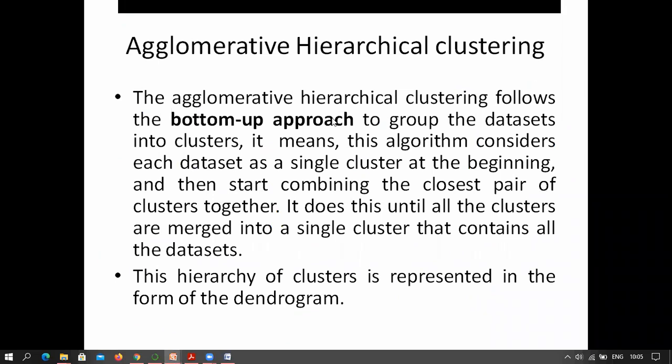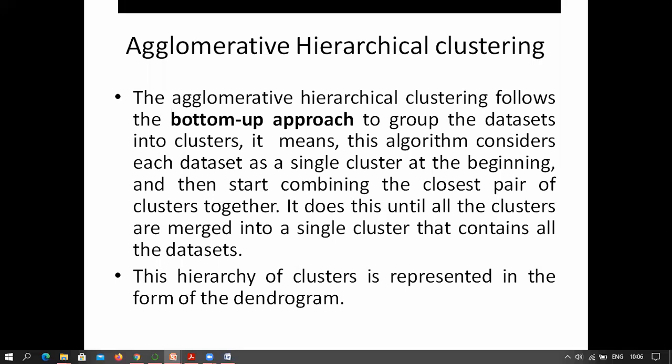Okay, so this thing I have already told you: it follows the bottom-up approach to group the data set into clusters. It means this algorithm considers each data point as a single cluster at the beginning, and then it will start combining the closest pair of clusters. How will you find out the closest pair?